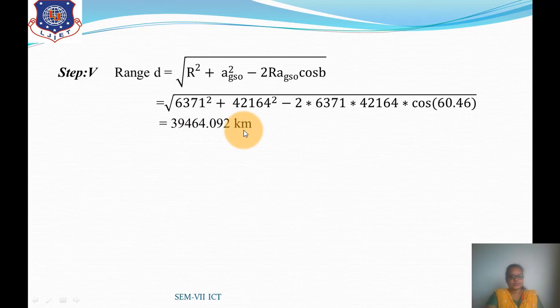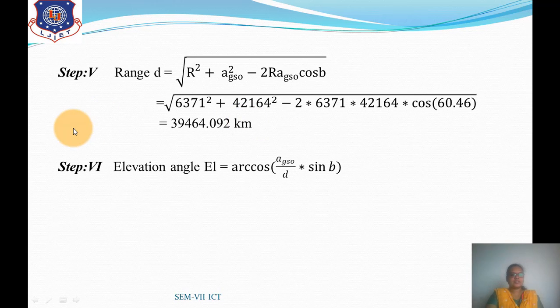39,464 kilometers. Right? Now, as soon as you find D, the next step is the last step of this sum, that is step 6, where we need to find the elevation angle. Elevation angle is denoted by EL, which has the formula arc cos of AGSO by D into sine B. Right?